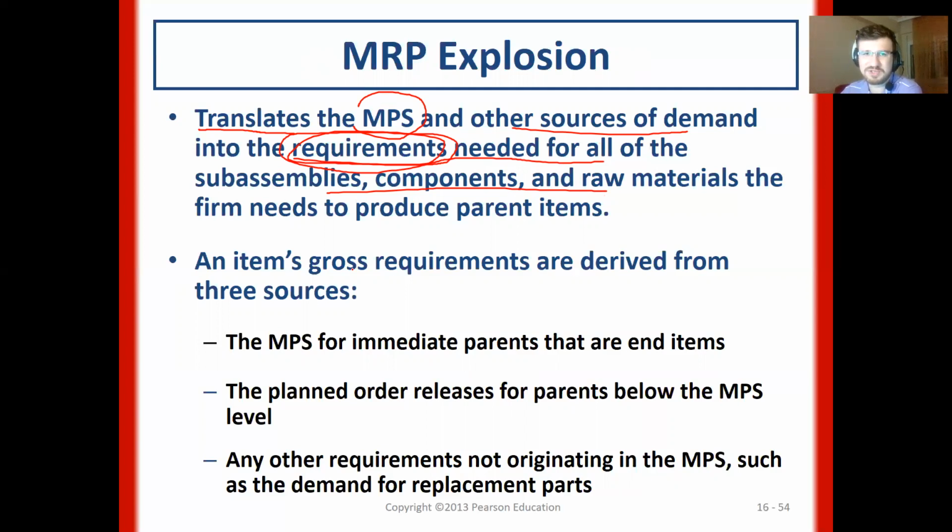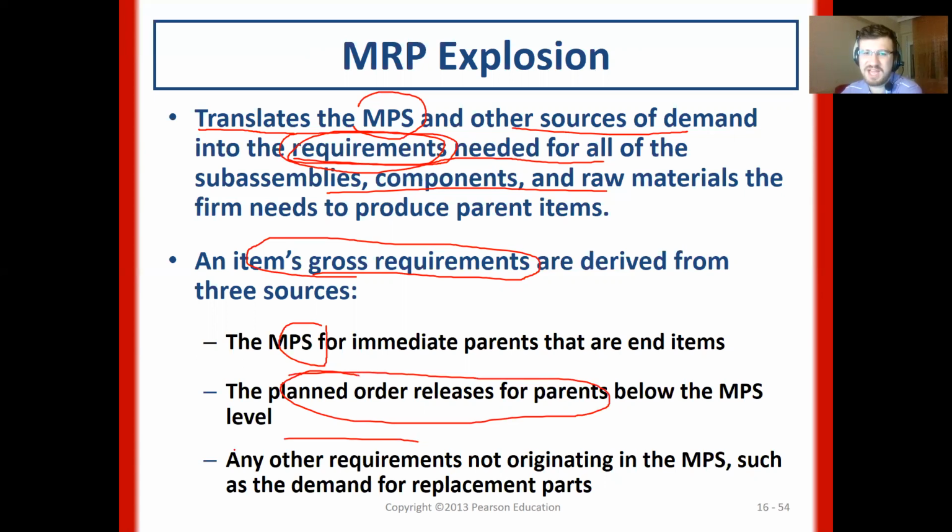So the gross requirements of items could be obtained from MPS, planned order releases for parents, or any other requirements. In order to determine gross requirements, we will be using bill of material information.